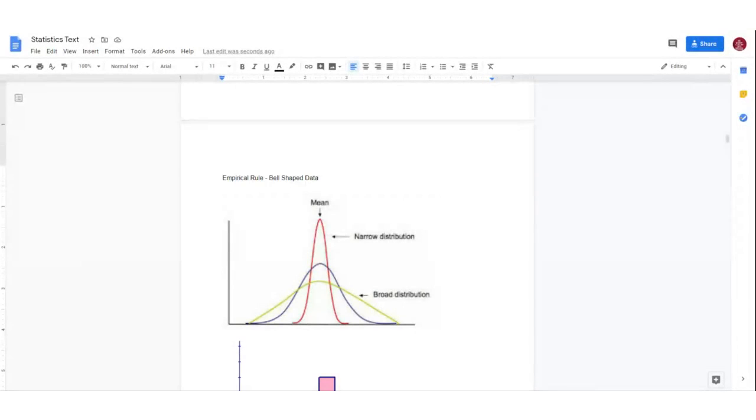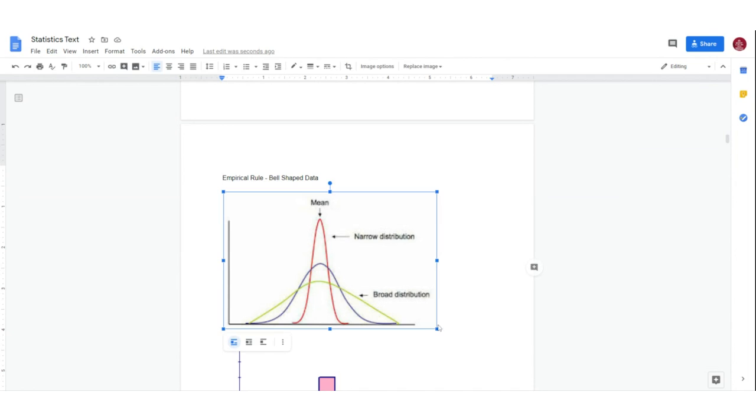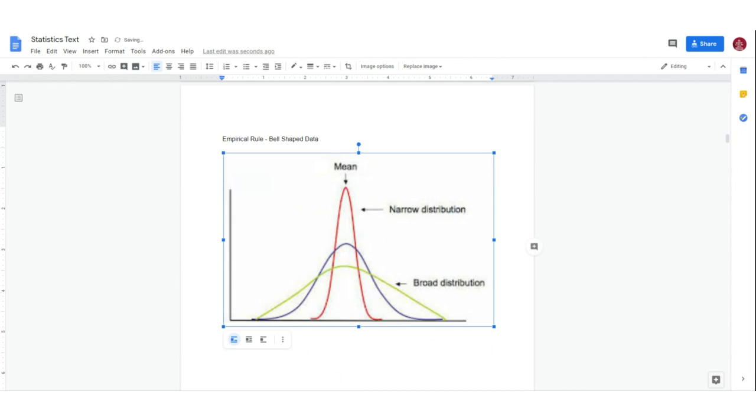Because usually when you're making the judgment, you're not really doing it based upon an actual curve like this. You're basing it upon a histogram or a box plot or something like that. But this shows you that all 3 of these are normally distributed or approximately symmetric.